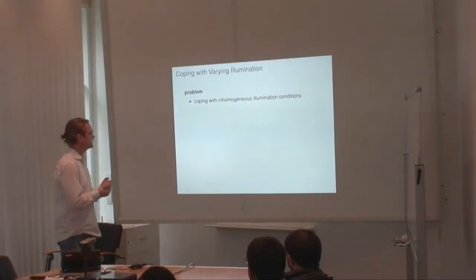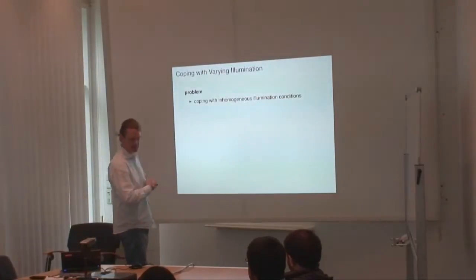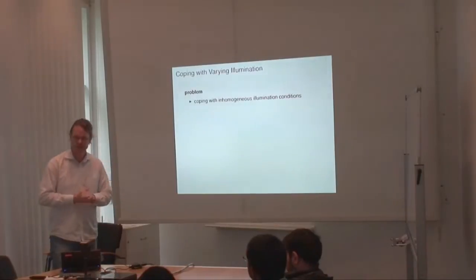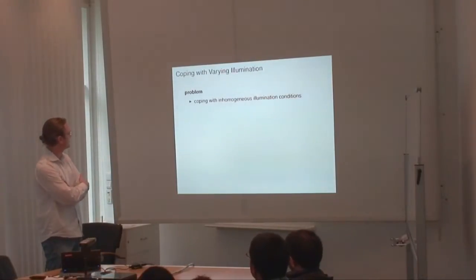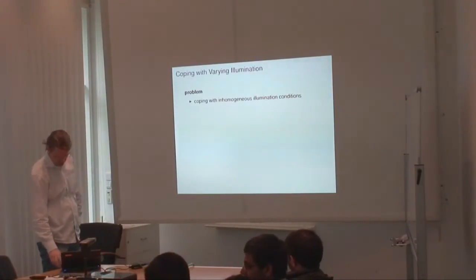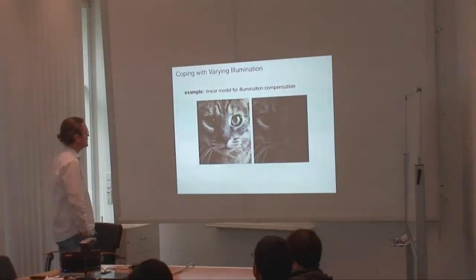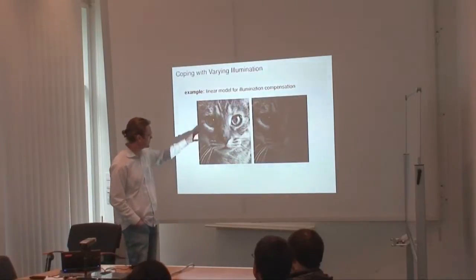Okay, and now for something else. For the rest of this lecture, we'll now study the following problem. We want to cope with inhomogeneous illumination conditions. And this is to say, let me give an example. So here is the image of a cat.